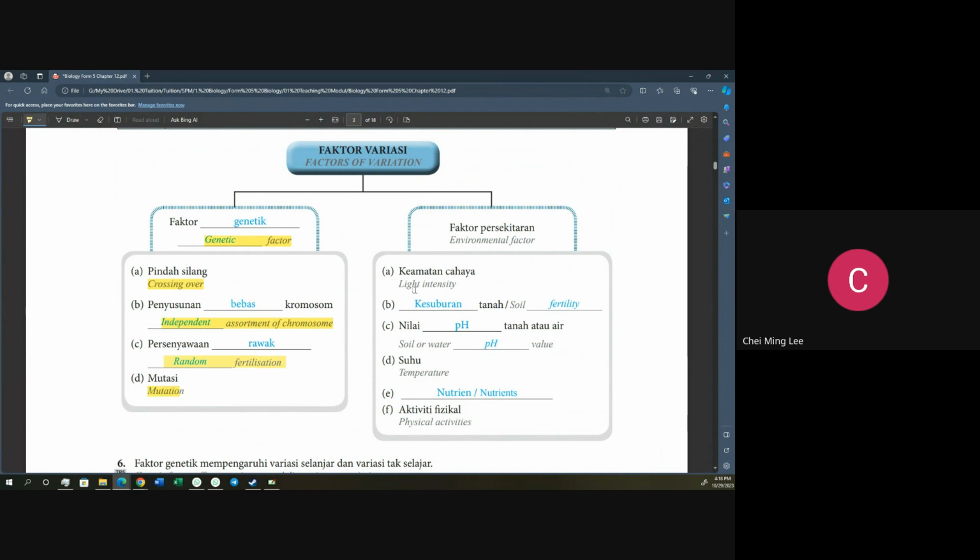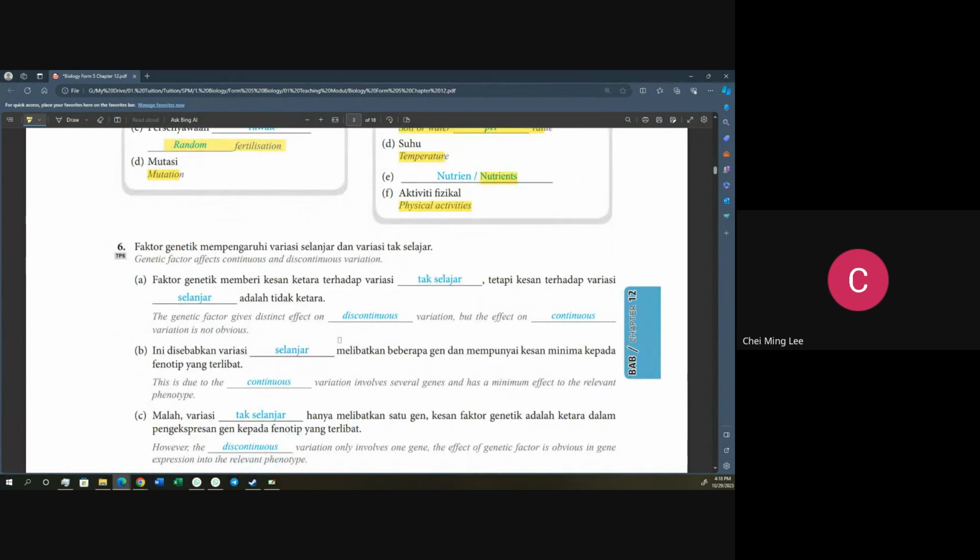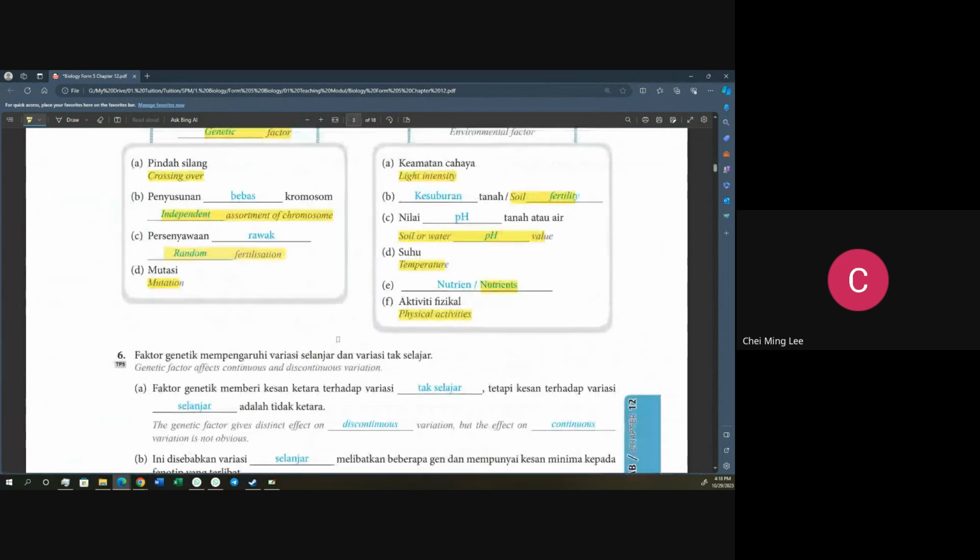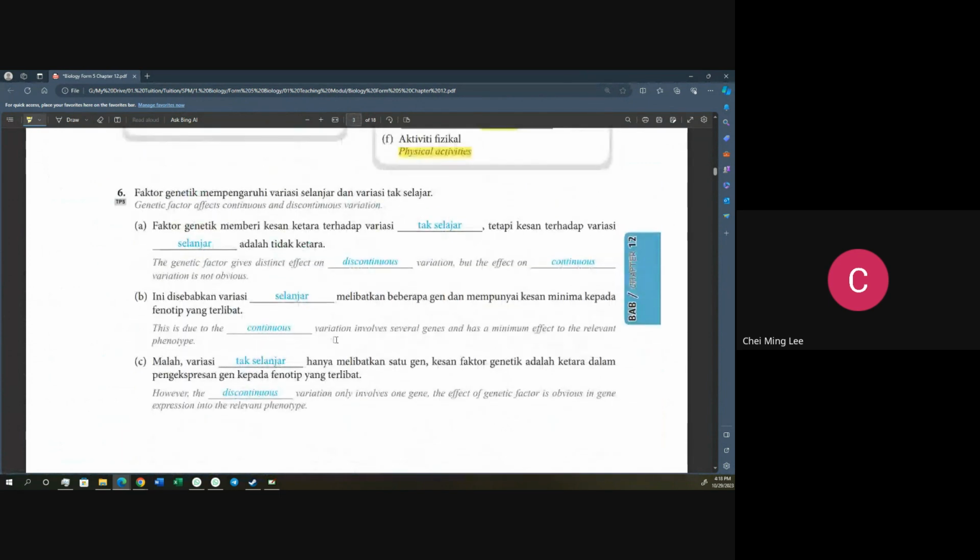While for environmental factor, this is due to light intensity, soil fertility, water or soil pH, temperature, the nutrient content, and also the physical activities of the plant. Now, the genetic factors will normally affect both continuous and discontinuous variation.